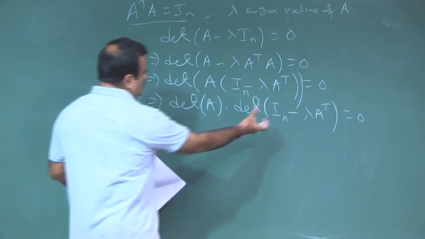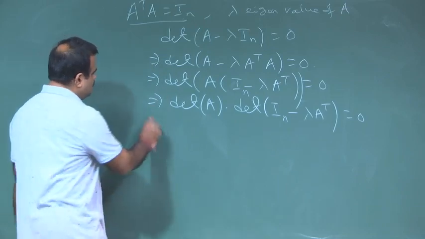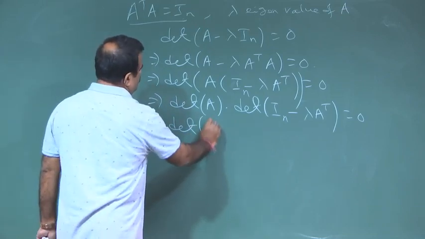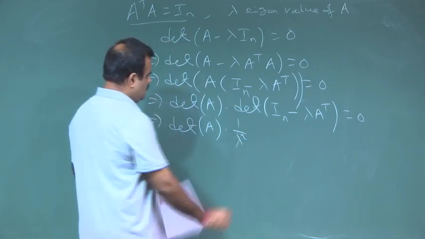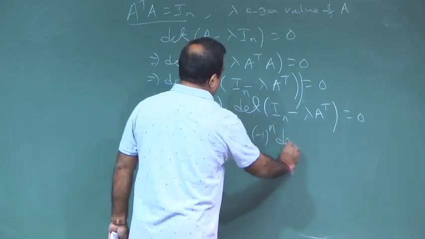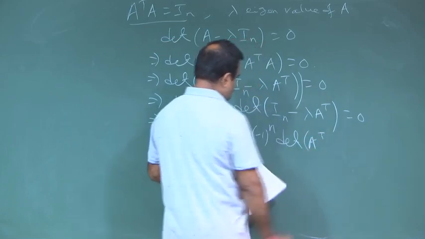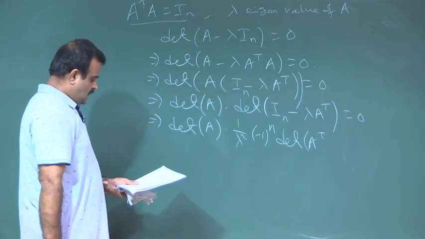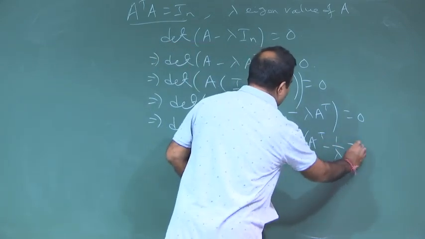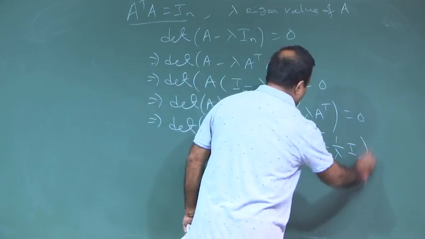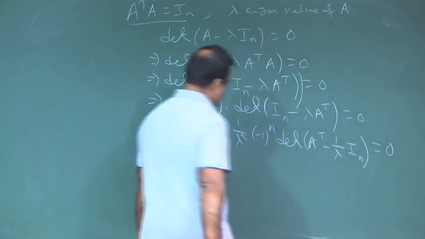Now, we want to take lambda out of this side, so minus 1 to the power n will come and we want to take 1 by lambda. So, this will give us det of A into 1 by lambda to the power n, minus 1 to the power n, det of A transpose minus 1 by lambda I, equal to 0.